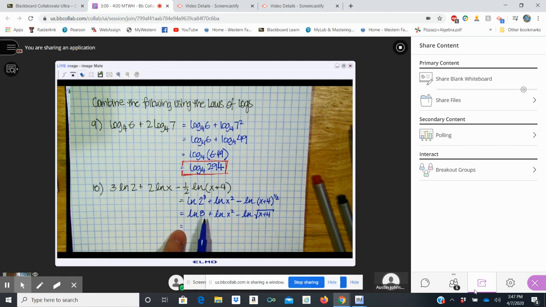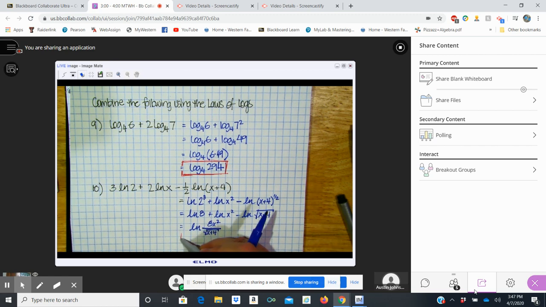Since they're all the same, ln a plus ln b is the same as ln of a times b. So this is ln of 8x squared, multiplying, and subtraction is division, over the square root of x plus 4. And I've combined them.